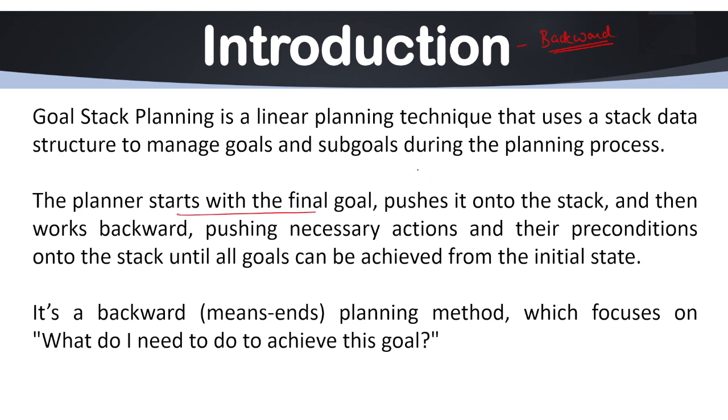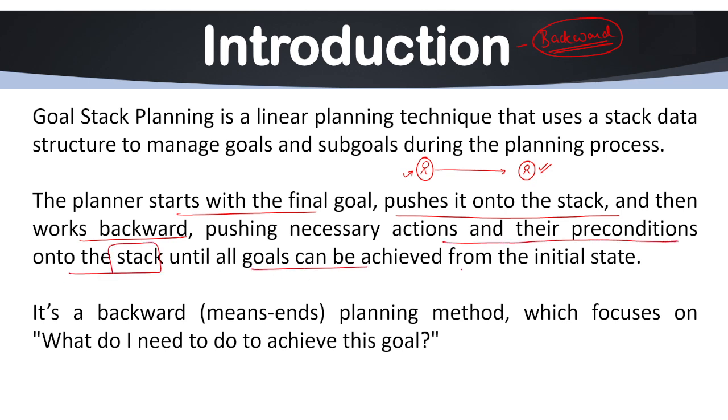As we have discussed in the planning system, we have two levels. One is the initial level and another is your goal set, right? So here the planning starts with the final goal, pushes it into the stack and then works backward. That's why it is called a backward planning system, pushing necessary actions and their preconditions onto the stack until all goals can be achieved from the initial state.